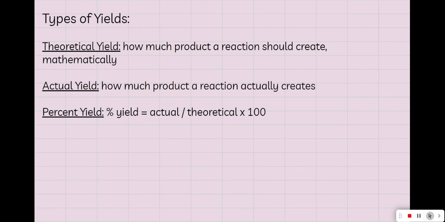And then we have our types of yield. So theoretical yield is how much product a reaction should create mathematically. This is how much we should create. Then our actual yield is how much the reaction actually makes. So when you think about baking, you're mixing your flour and your eggs and your milk or whatever into a bowl, and then you pour that into your pan. Does every little bit of flour get into your pan?